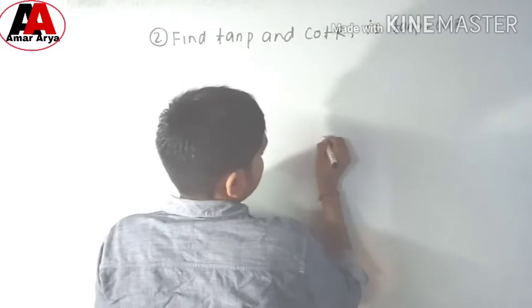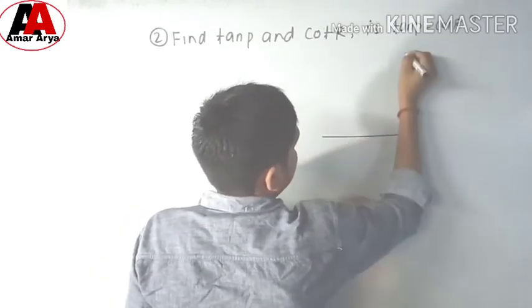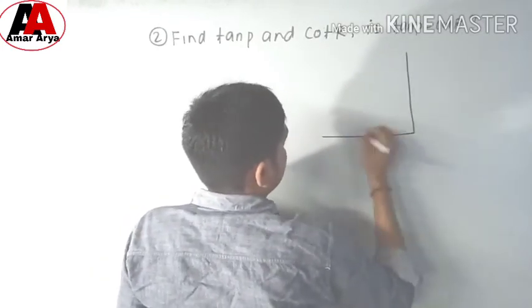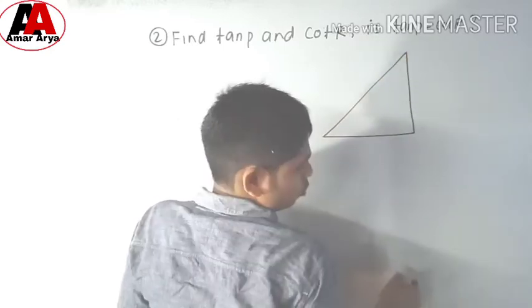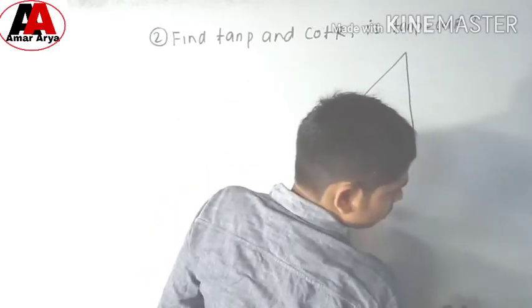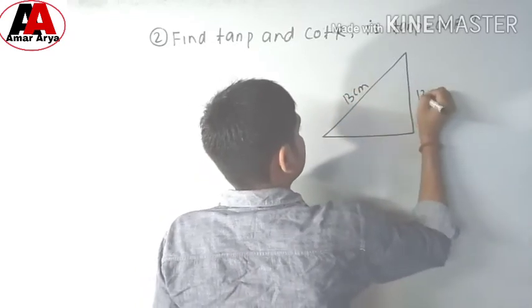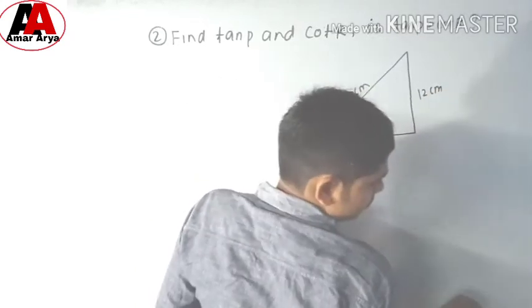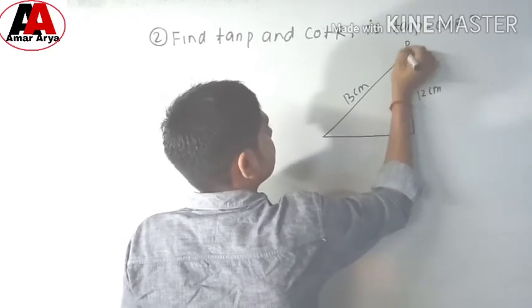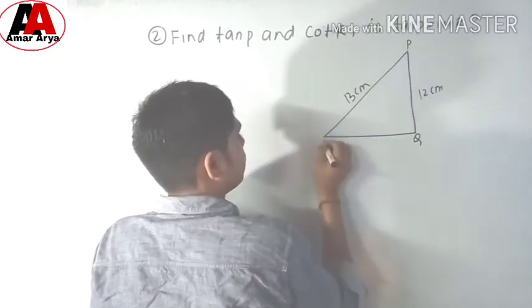Suppose here is the figure. Here is 13 centimeter, here is 12 centimeter, and the triangle is PQR. Here is the P, here is the Q.